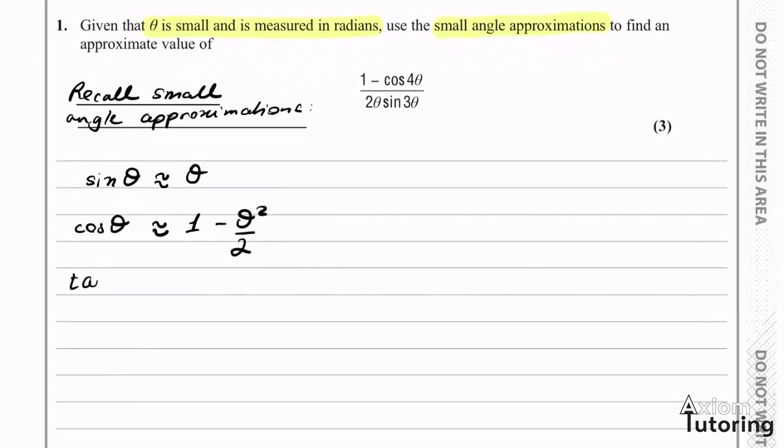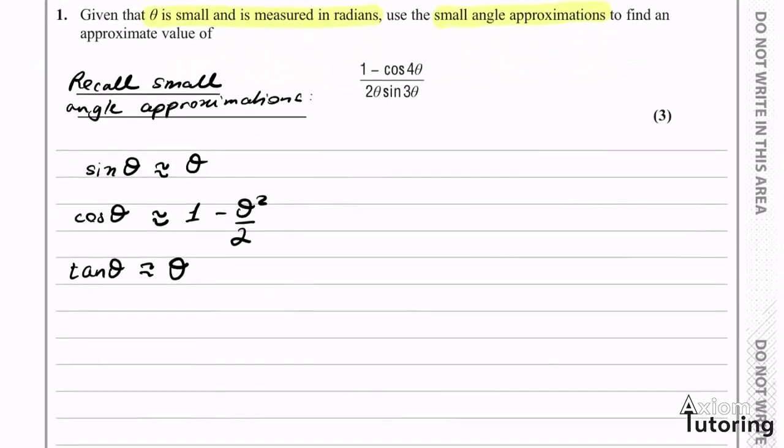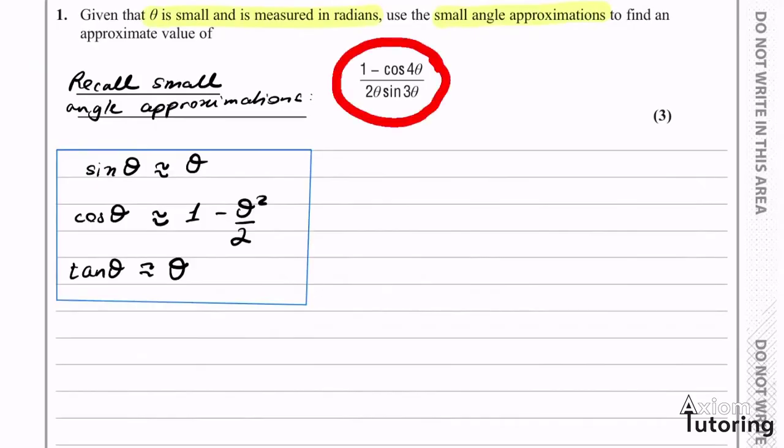And then for tan theta, it's theta. So we're going to use these approximations to help give us an approximate value for our expression here.